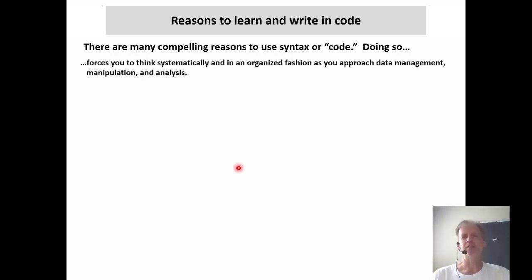One of the reasons is that writing syntax is going to force you to sit down in an organized way and think systematically about what you're trying to do with your data, how you're going to manage the data, how you're going to keep track of what columns are doing what, and what you need to do to manipulate the data to create something that's going to be useful to you. Writing code is just like writing a book.